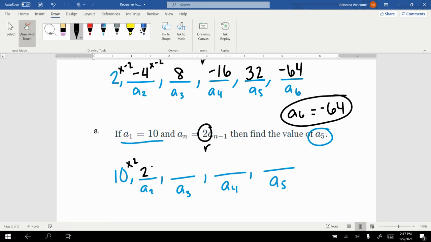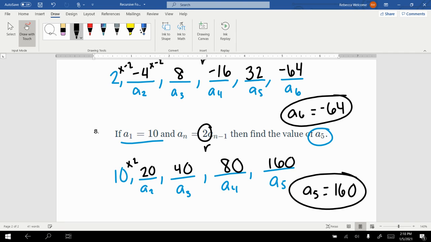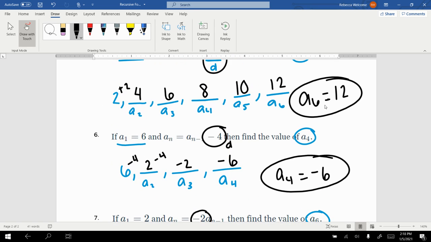So 10 times 2 is 20. 20 times 2 is 40. 40 times 2 is 80. And 80 times 2 is 160. Okay, so a sub 5 is 160. So for the multiplication, you might have really, really big answers. And for addition, you might not. You might just have regular answers.